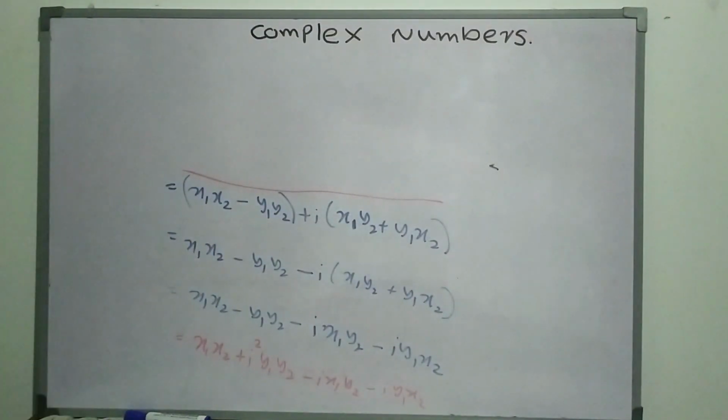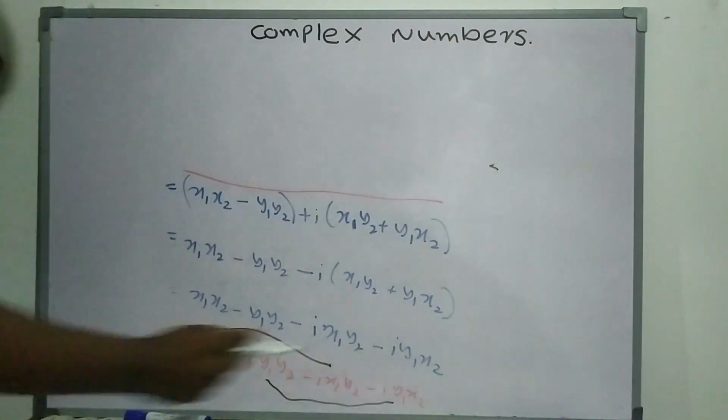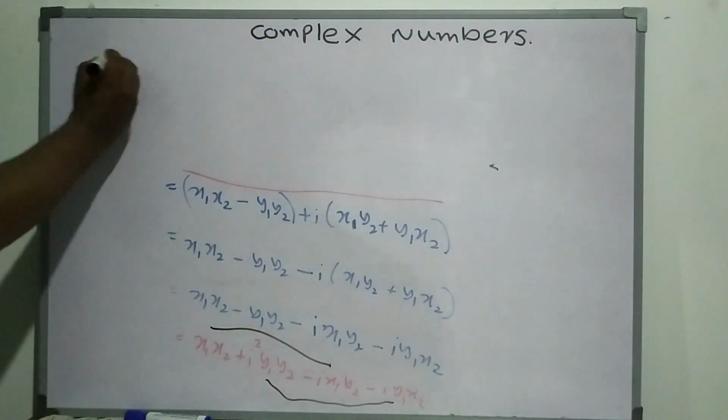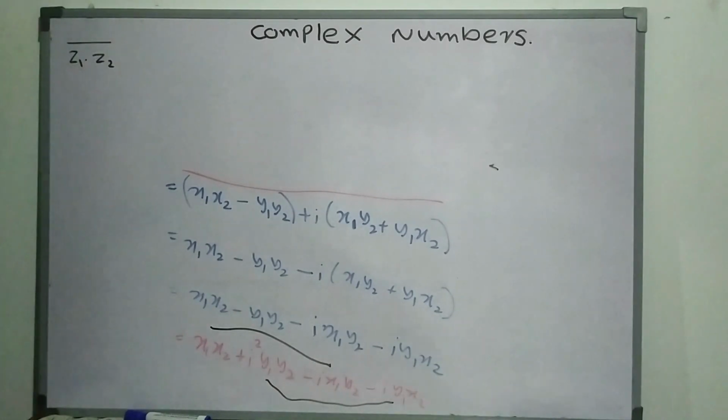I'm going to take the common terms out, comparing these two and these two. Here x1 can be taken out, where the left hand side is (Z1 Z2) complete bar.